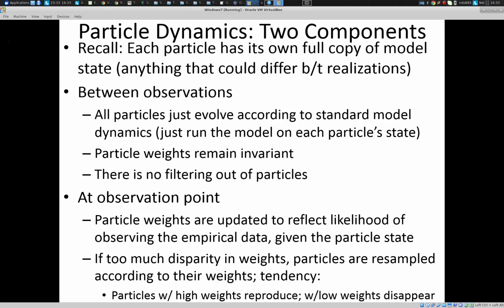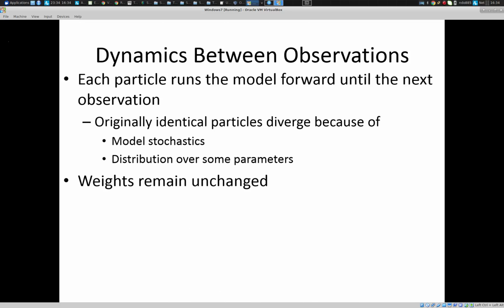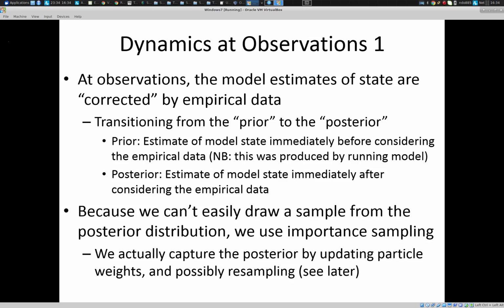And what that means is a given particle that has a high weight might be copied several times, maybe 10 times. This particle with a really high weight gets copied, but it's going to diverge from its siblings because of the stochastics, okay? And this is going to mean that it tends to end up differing from other particles.